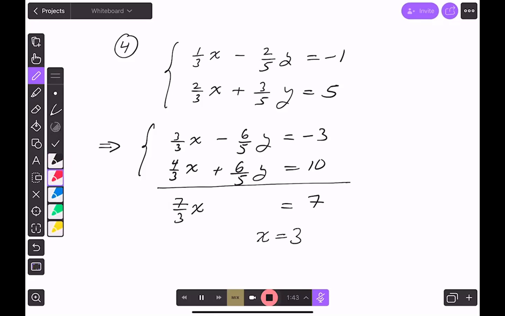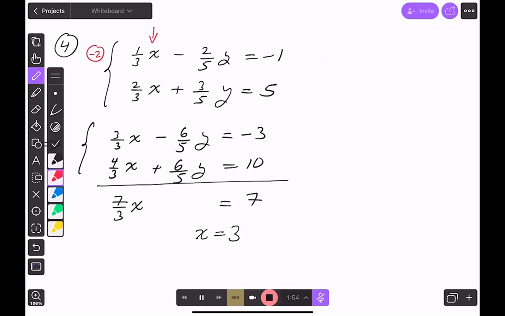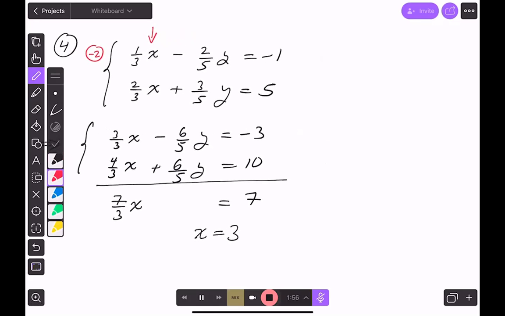Let me put that down for you. Get rid of this over here. So what do I have to multiply the top by? Minus 2 now. Push this on the side, and I'm going to go for it. So what do you got over here?